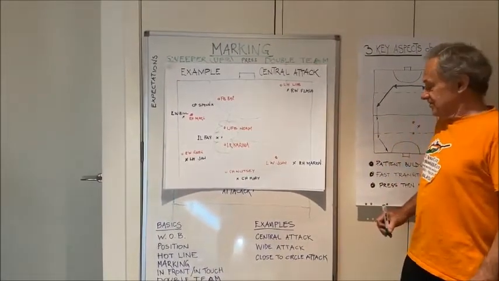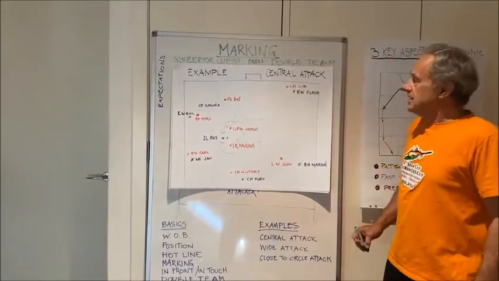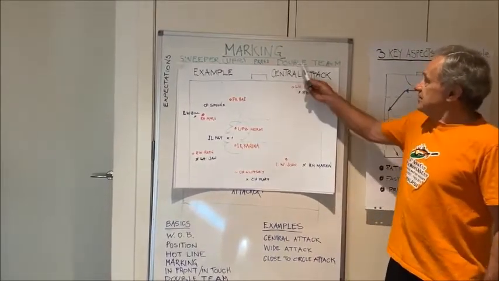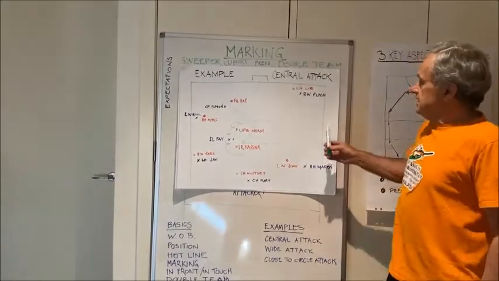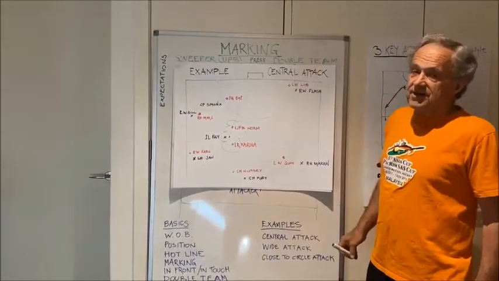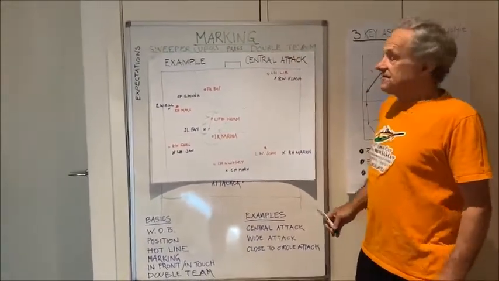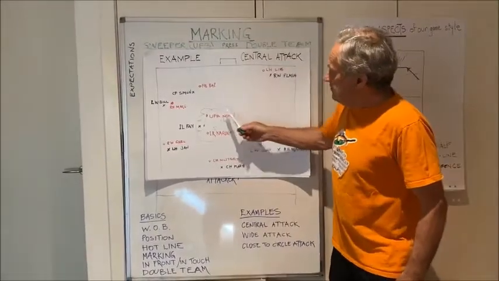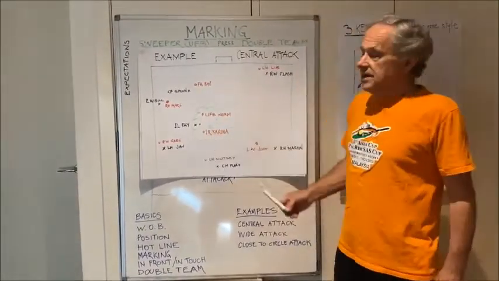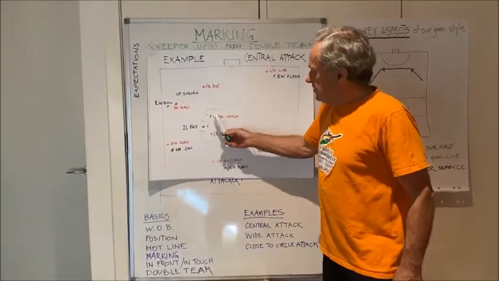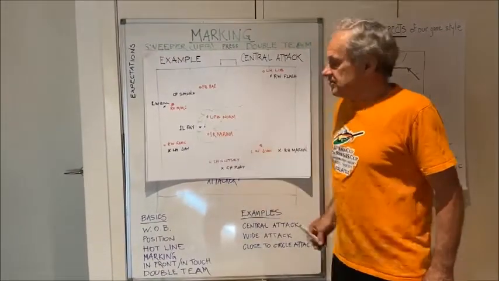Now we're going to look at some examples of double teaming as part of our marking and as part of our defence in our half. Here we have in the green cloud two of our team and one of the opposition.